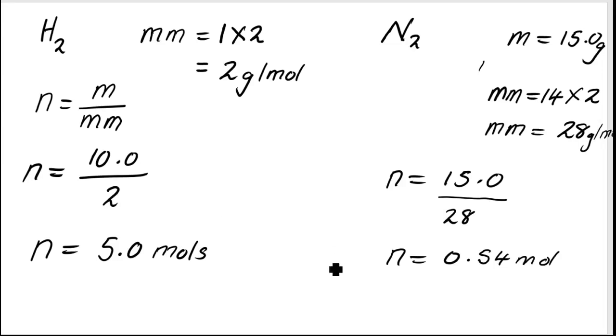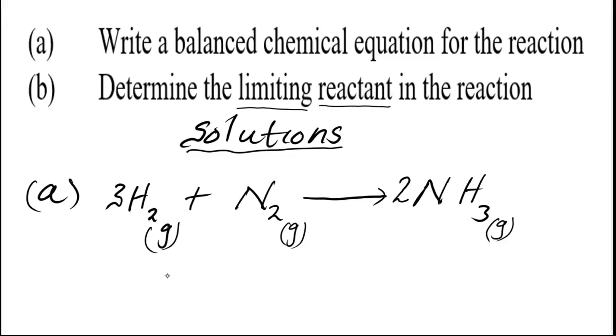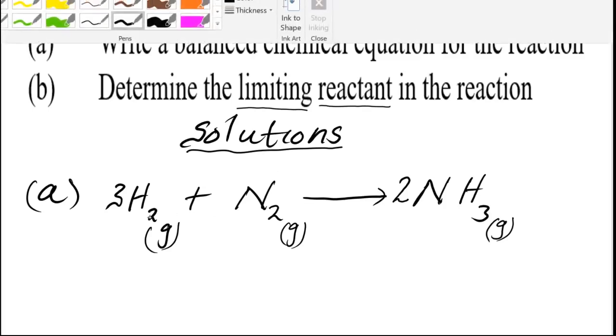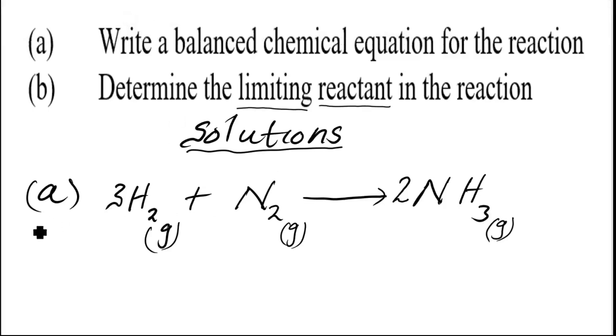Let us now compare their mole ratios. First of all, going back to the balanced chemical equation, hydrogen has a coefficient of 3, nitrogen has a coefficient of 1. So their mole ratio, H2 to nitrogen, is 3 to 1.